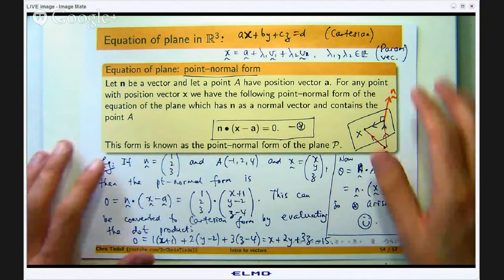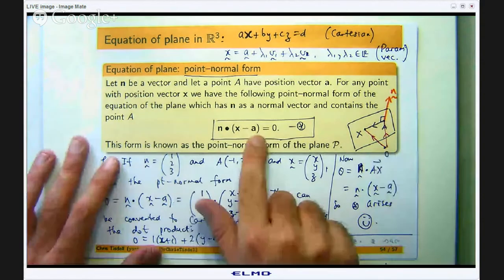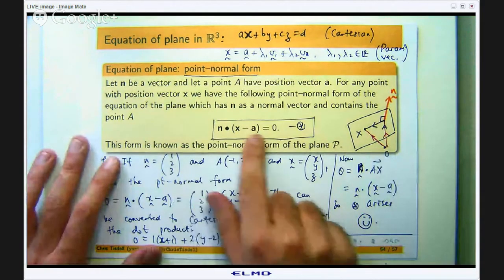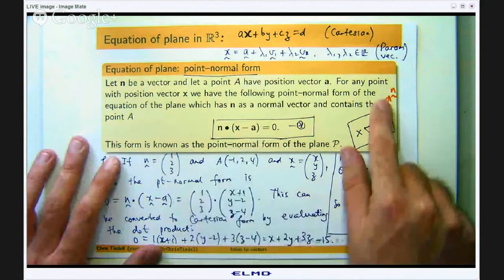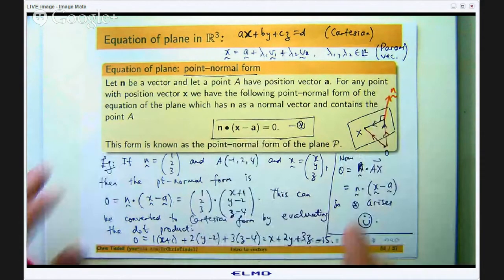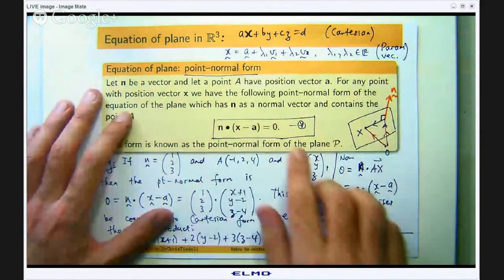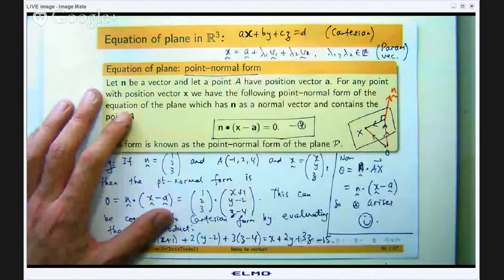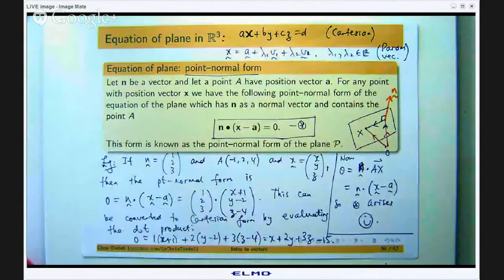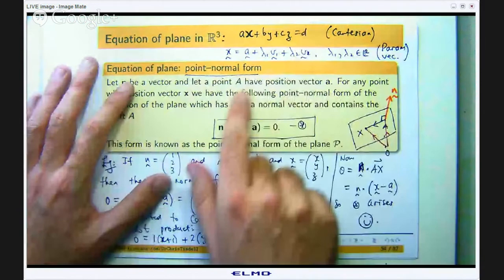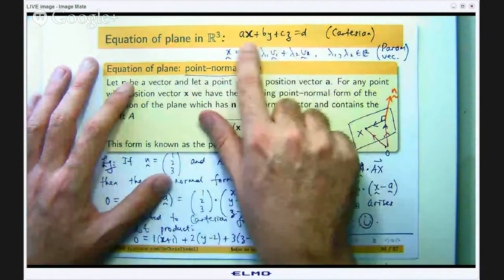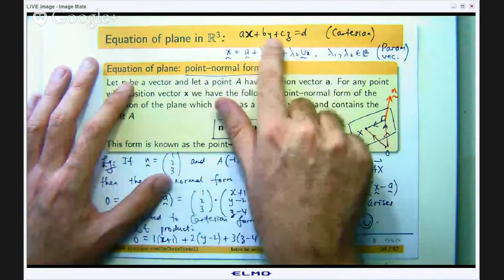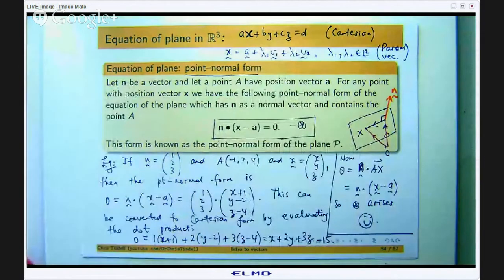Okay, so let's do an example here. One of the nice things about this form is that it sort of gives you some geometry with the problem. And you may be thinking, okay, what happens if I start with, say, a Cartesian form? How do I get back to here? Well, it's pretty easy. It turns out, I'm not going to show this, that the coefficients of the variables, the a, the b, the c, are the components of a normal vector to the plane.